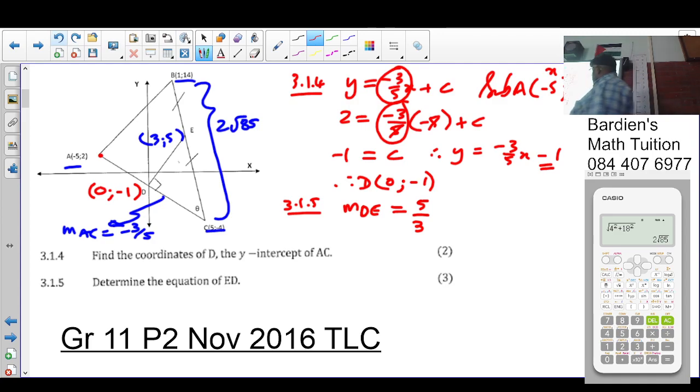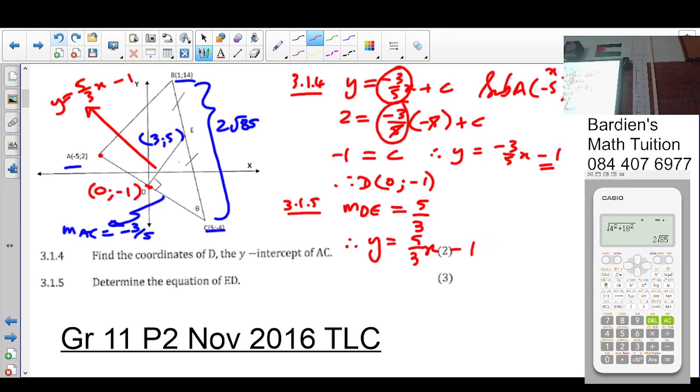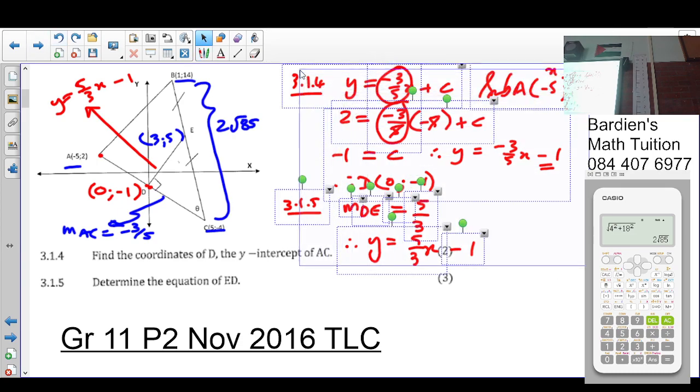Therefore, the equation of that line is y is equal to 5 over 3x plus c. But what do you see as the value here? Negative 1. So this is my equation of that line: y is equal to 5 over 3x minus 1. Any confusion there? No? Again, all that we have calculated is on the diagram there.